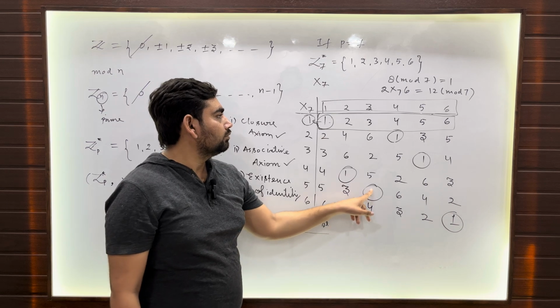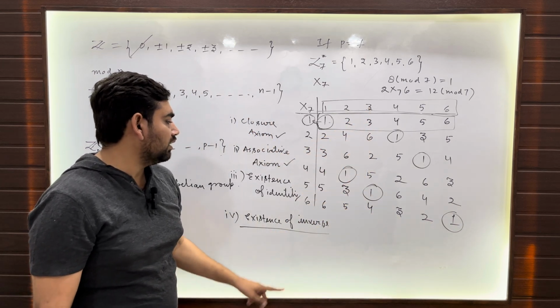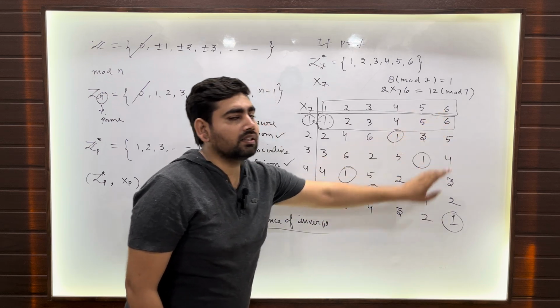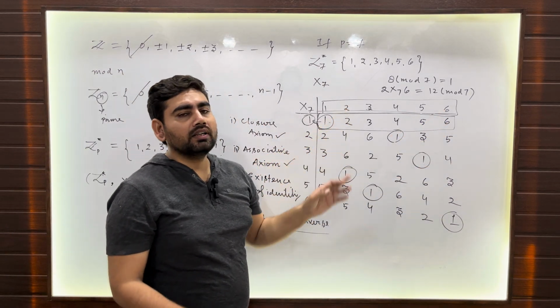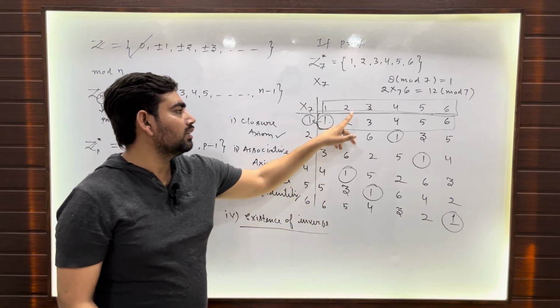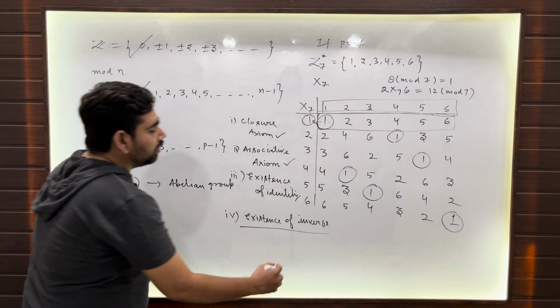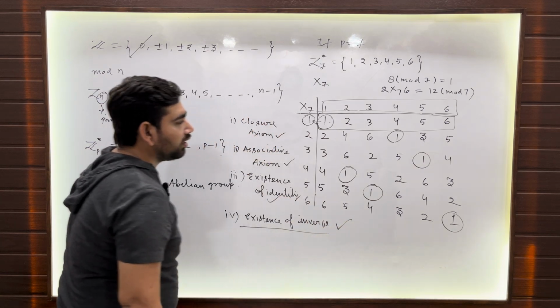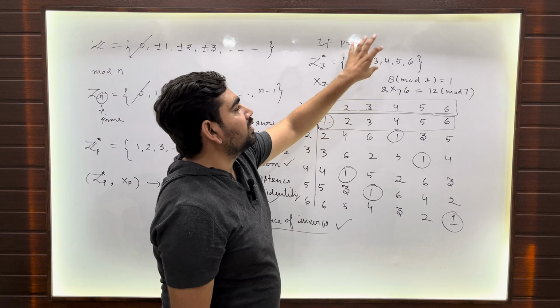Here for 5 it is 3, the inverse of 5 is 3. 1 is over here, therefore the inverse of 6 is 6. 6 and 1 are self inverse. Therefore we can see that the inverse of all the elements of the set exists in this set.